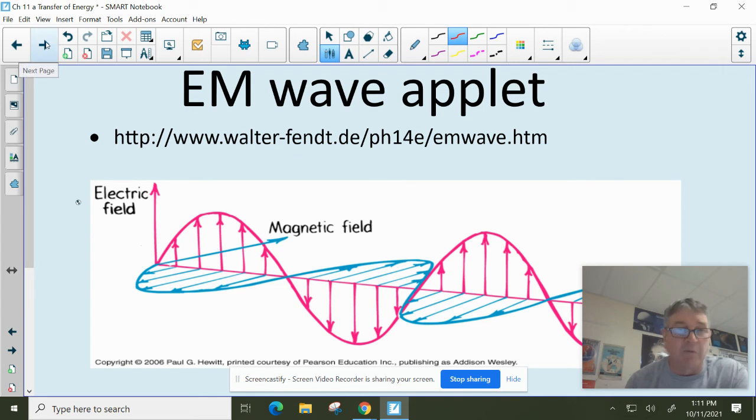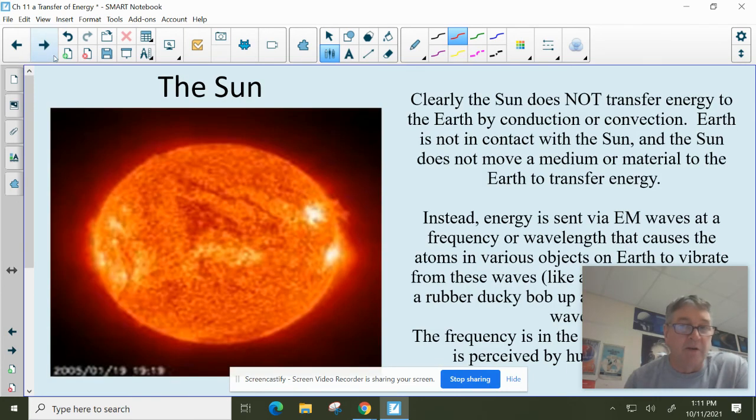And these waves, like water waves, come from the sun, but they're not physical waves. They're field waves, or waves of field. And again, we'll discuss this in much more detail later. So don't worry about this one. So again, you're not touching the sun, and the sun does not send air to us that carries the energy.